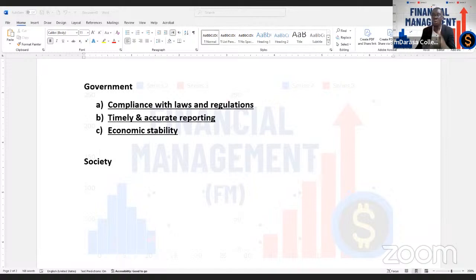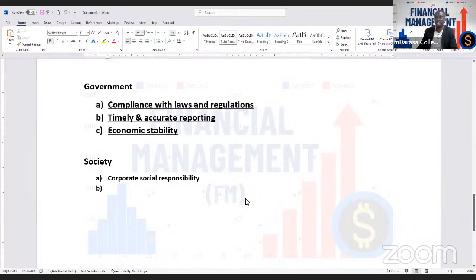At times, these will include allocating some funds to community development and other CSR activities that we can come up with. So one of the main roles of finance managers to the society is the concept of corporate social responsibility. That is key.